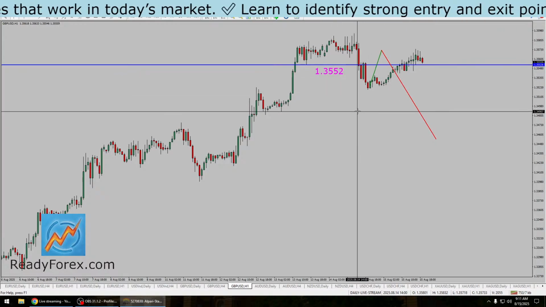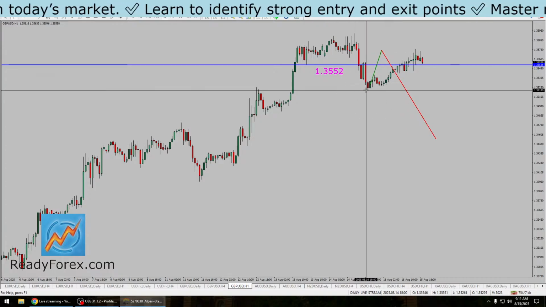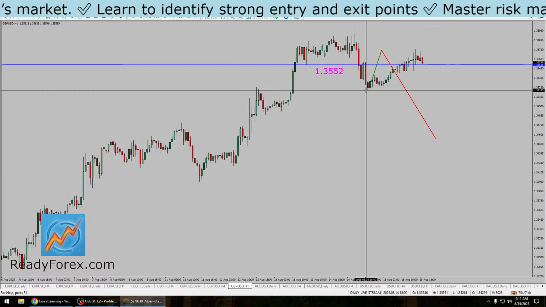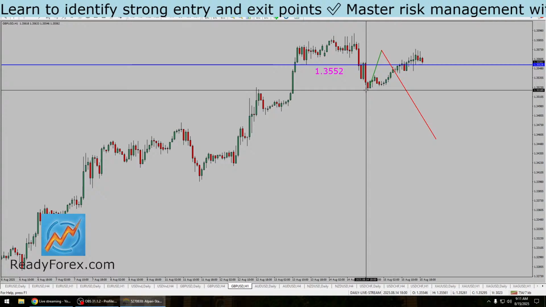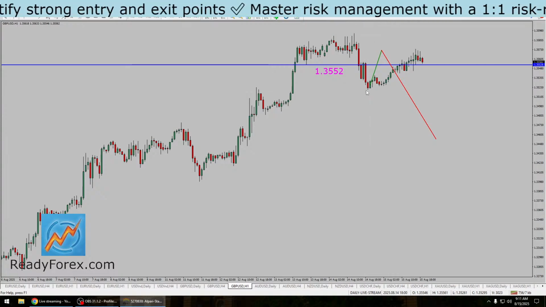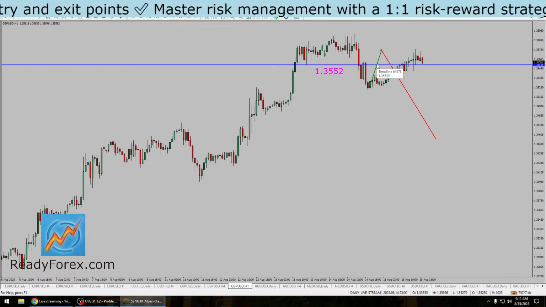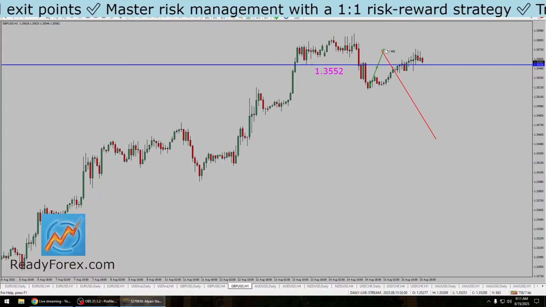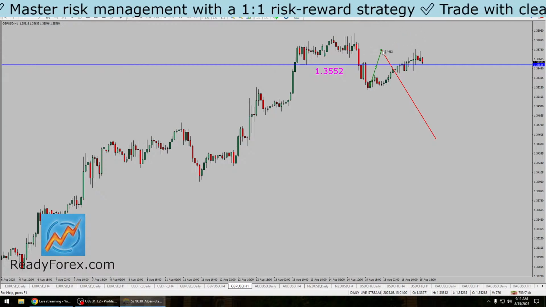So all of those who took a buy over here, or all of those who waited outside and did not sell, hopefully they are in profit, or they saved themselves from losing money. The market is always going to provide you a pullback. So this is what happened.